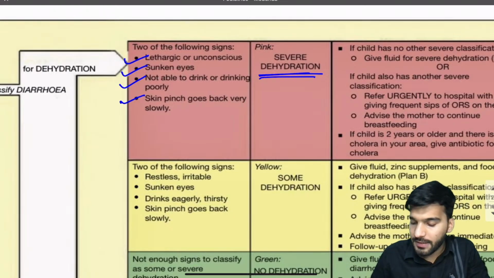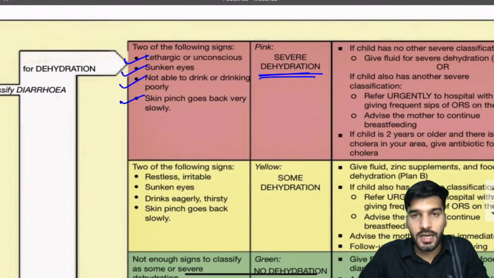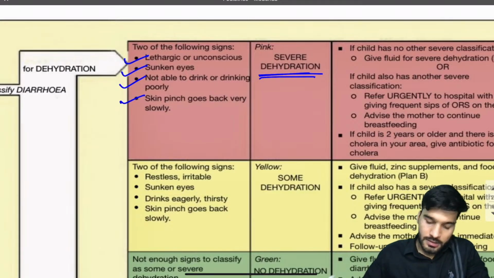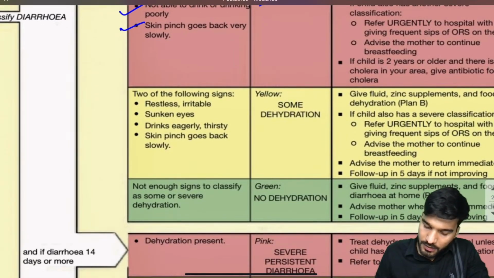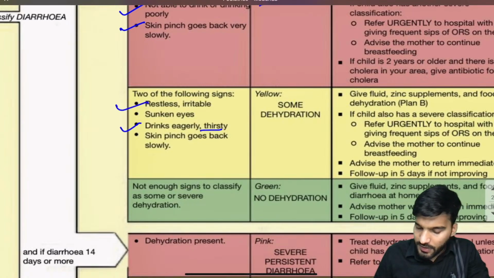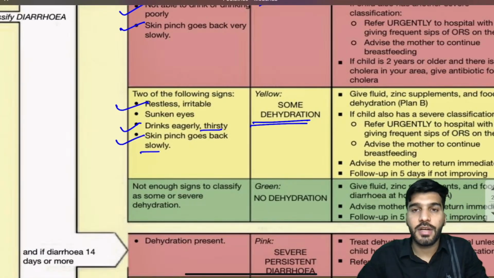Okay. Then if there is restlessness or irritability, drinks eagerly and is thirsty, skin pinch goes back slowly, it's going to be some dehydration.